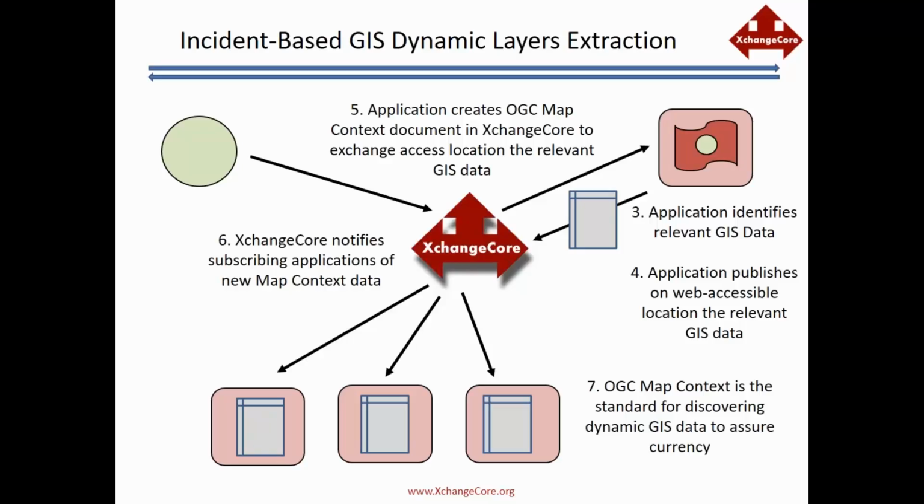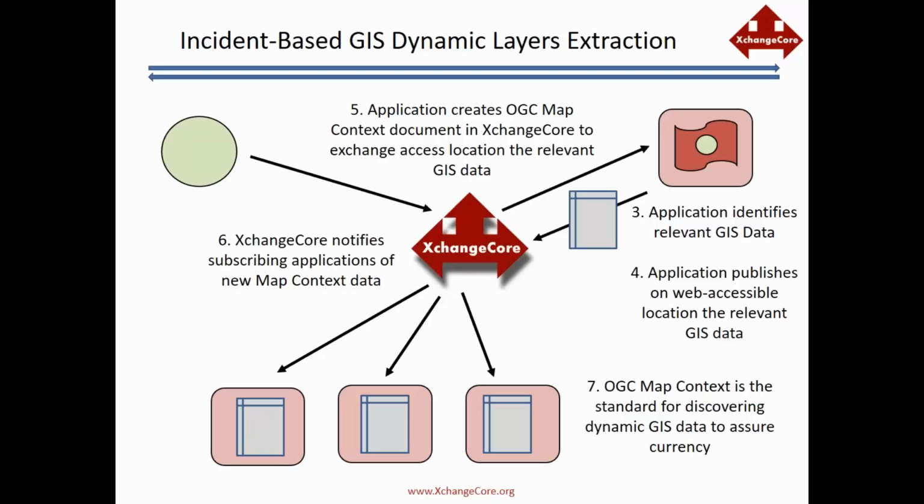So the application publishes access to that red flag in there, and it does that in the little gray table there representing a piece of paper in the Open Geospatial Consortium Map Context document.